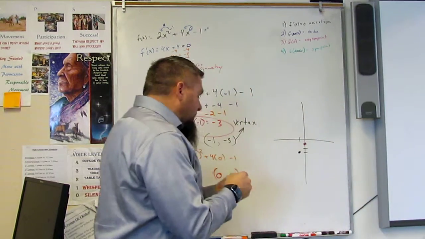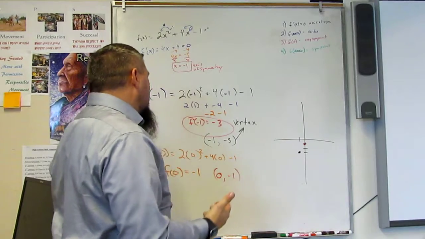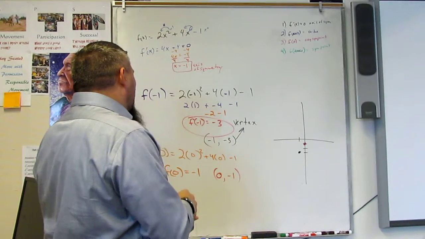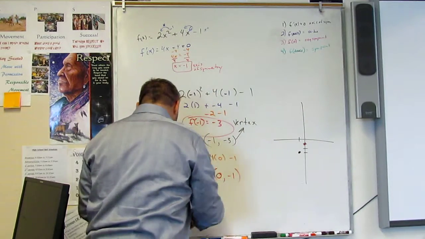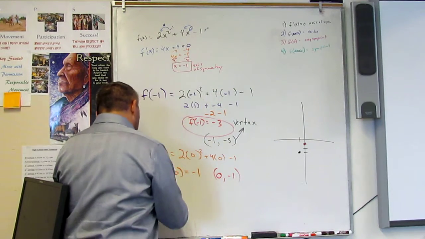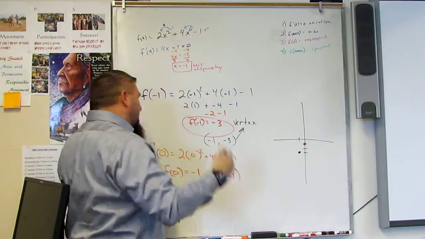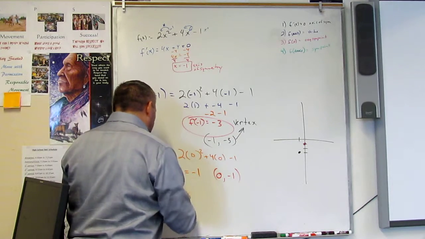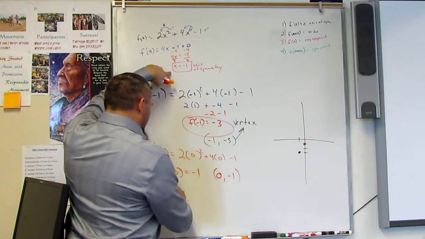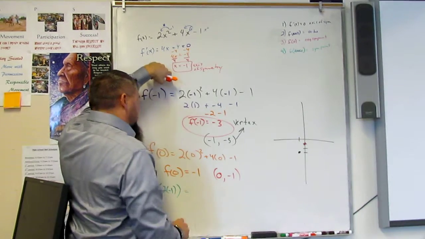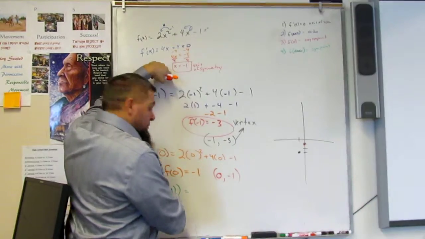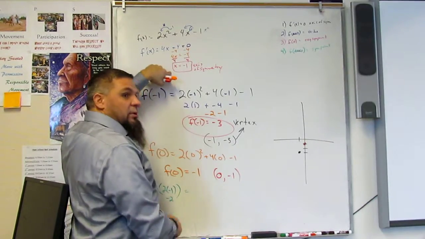Then I'm going to go into another point. Another point is f of 2 times the axis. How much was the axis? Negative 1, right? So 2 times negative 1 is how much? Negative 2.